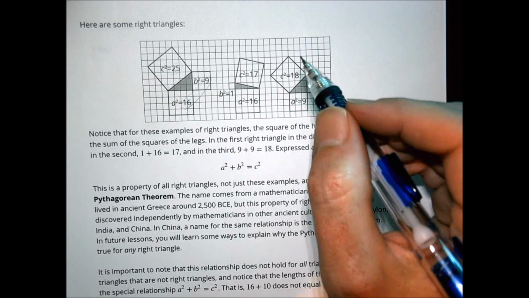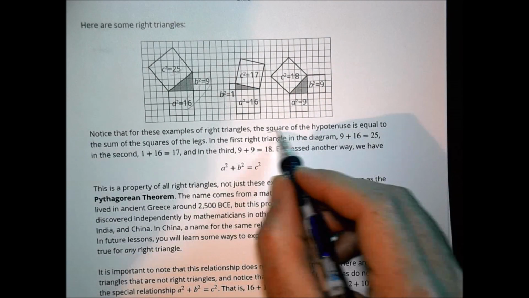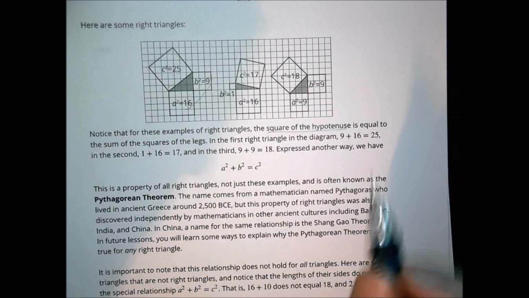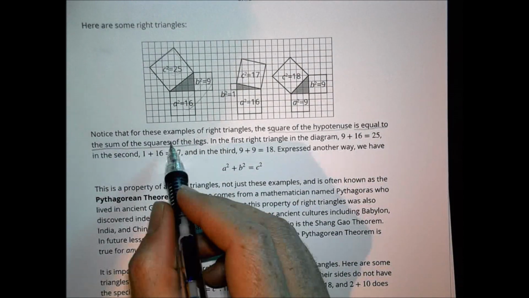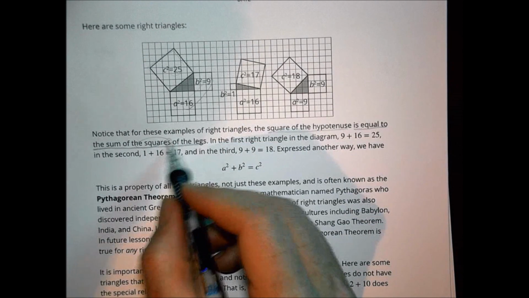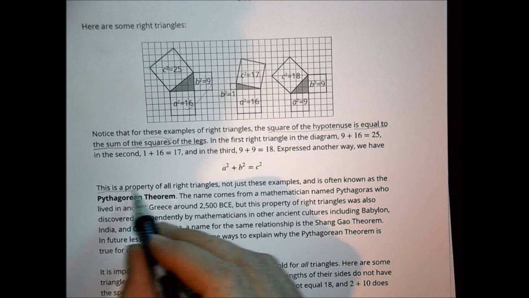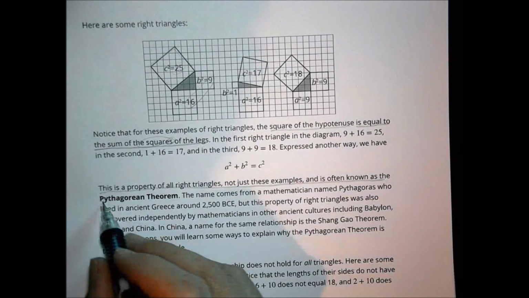So notice that for these examples of right triangles, the square of the hypotenuse, and there's an actual, literal square there, is equal to the sum of the squares of the legs. Notice it's both squares of the legs. So that's always the case. This is the property of all right triangles, not just these examples, and it's known as the Pythagorean theorem.